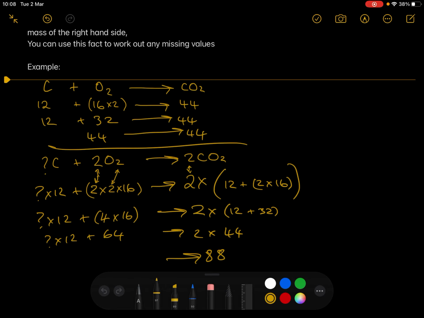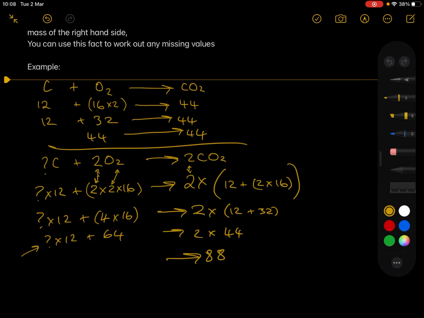Now, in maths, I want to get that question mark on its own. How can you get a question mark on its own? You have to start taking things away and dividing by things. So the first thing I'm going to do is take 64 away from both sides. So question mark times 12 goes to 88 take 64, which is 24.